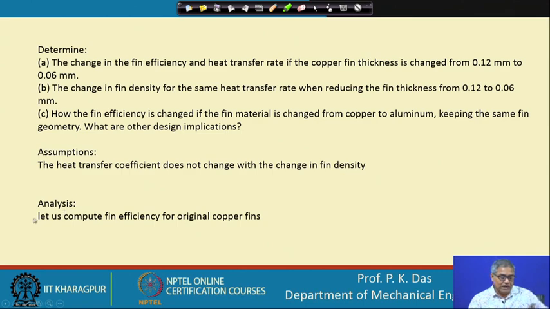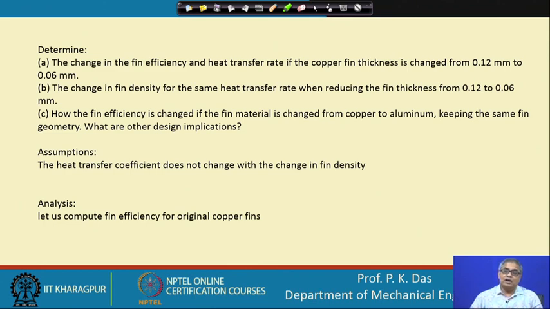What do we assume? We assume the heat transfer coefficient does not change if we change the fin density. We are changing the fin thickness, and accordingly we are changing the fin density, how many fins there will be on a particular length, but our heat transfer coefficient does not change. This is one assumption.